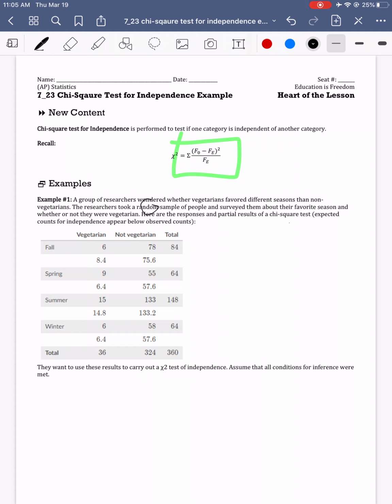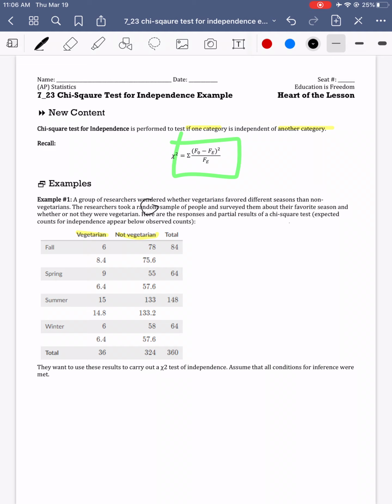And so looking at this, you might think, well, if we're trying to test difference, isn't that going to be homogeneity, since that's our alternate hypothesis? And you could be right. However, one thing that we are looking at here is to see if one category is independent of another category. So those categories that we're looking at here are vegetarian versus non-vegetarian.